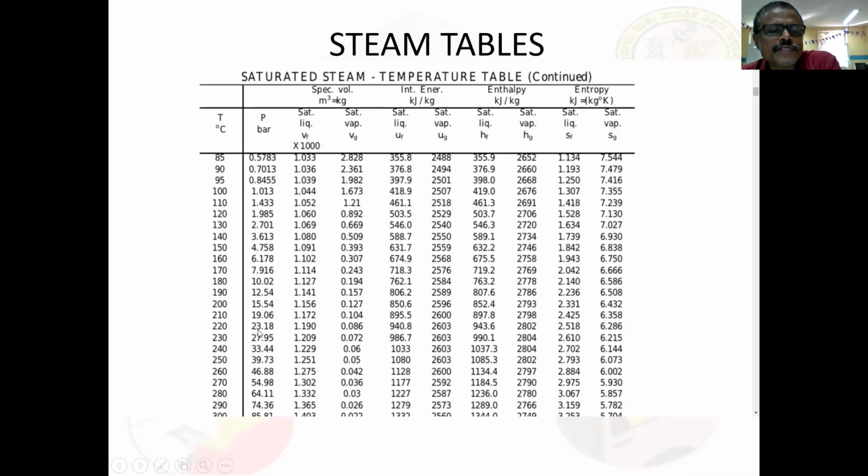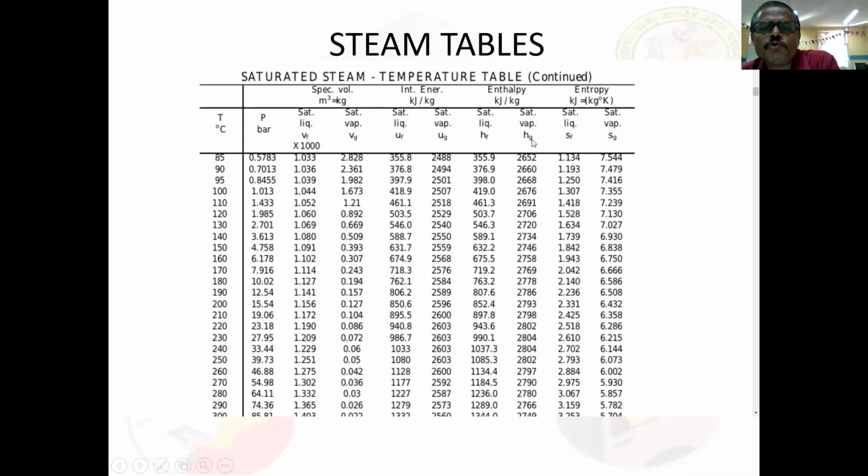As we gradually increase the pressure, what happens here? When the pressure of steam formation is increasing, the boiling point is also increasing. You can see that in the steam table. We have also seen that in the previous graph. So if you increase the pressure, the saturation temperature also increases. Then you can note that once the pressure increases, the sensible heat, which is HF, is increasing all the time, and the HFG value is decreasing all the time. Here in my steam table, HFG is not shown.